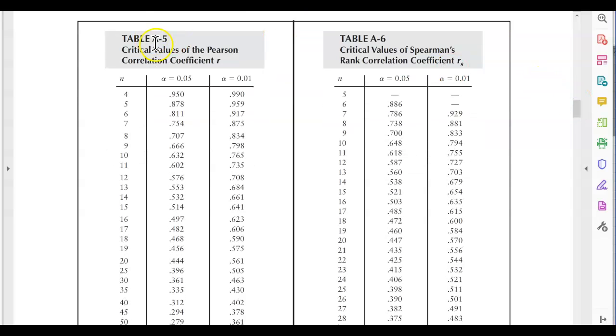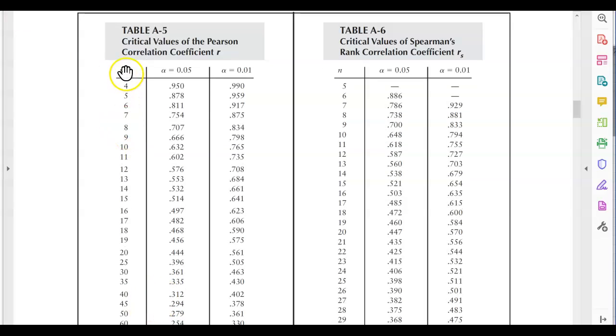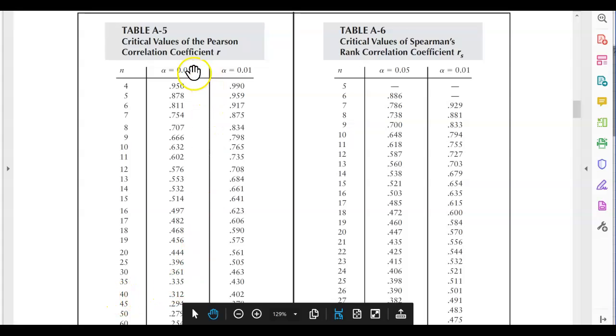Table A5 shows critical values of the Pearson correlation coefficient R. We will need a sample size. Our sample consists of 40 values. The critical value that corresponds to the sample size 40 and significance level of 0.05 is 0.312. Let's write it down.